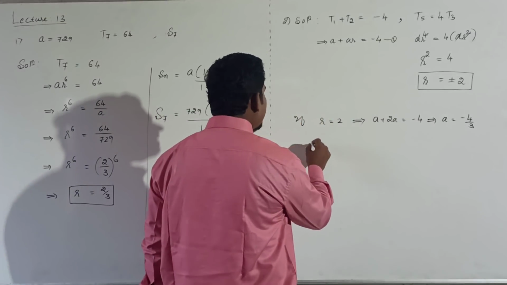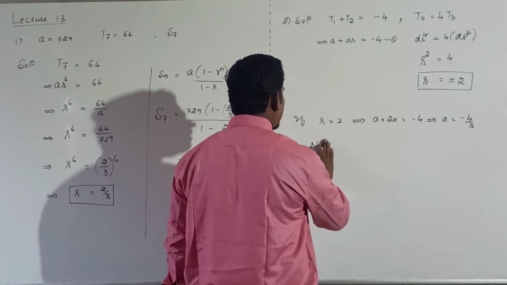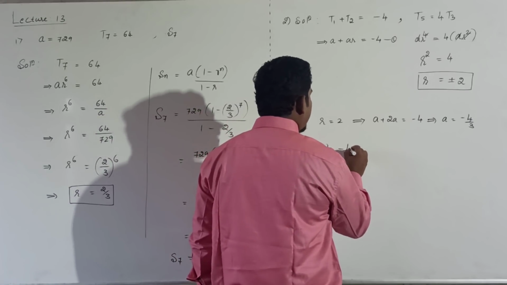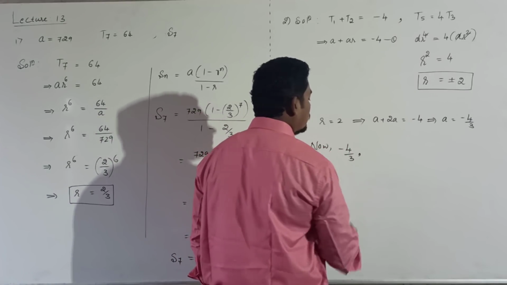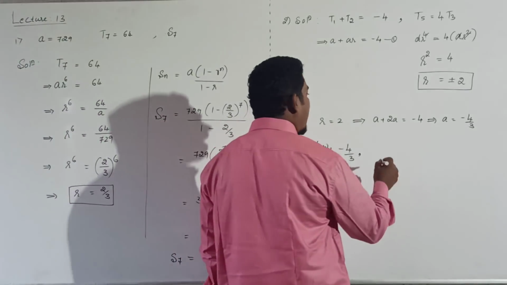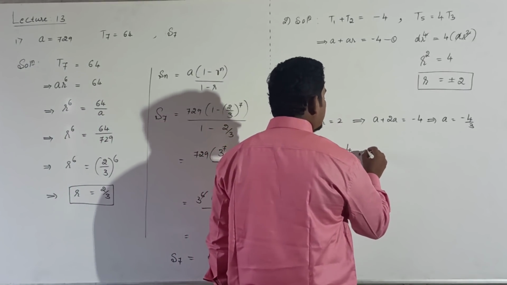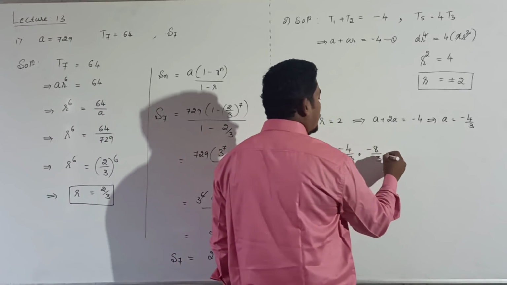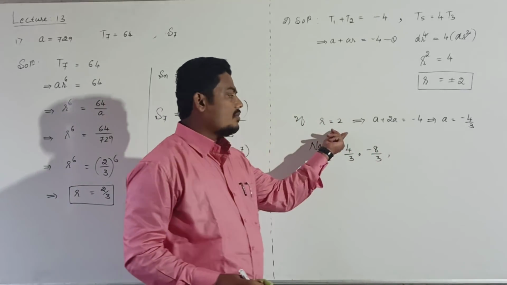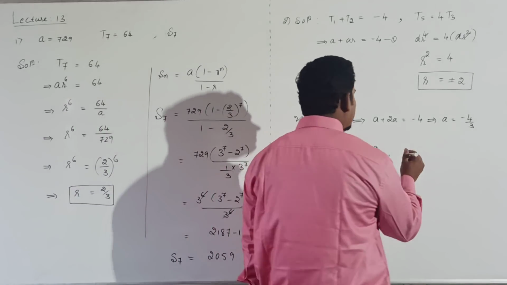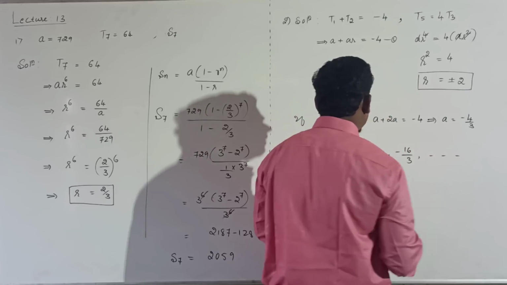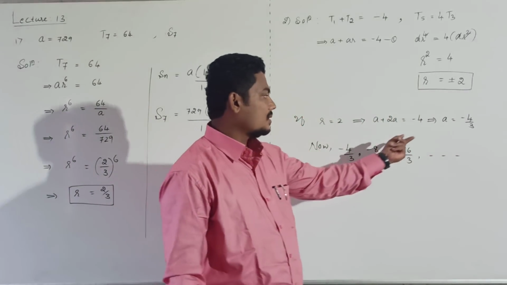Now write the GP. What is the GP? A is minus 4 by 3. Next, A into R, that is minus 8 by 3. Next, minus 16 by 3, and so on.